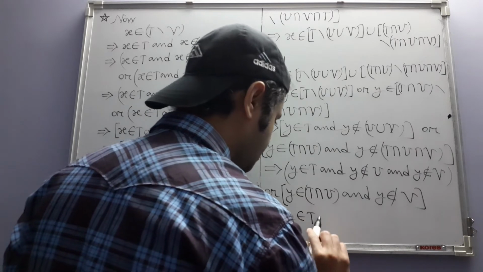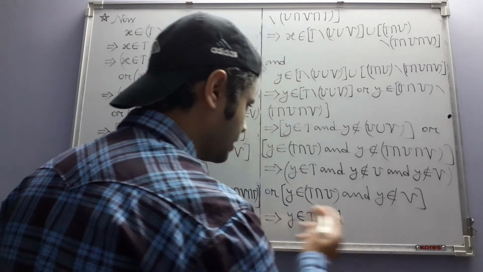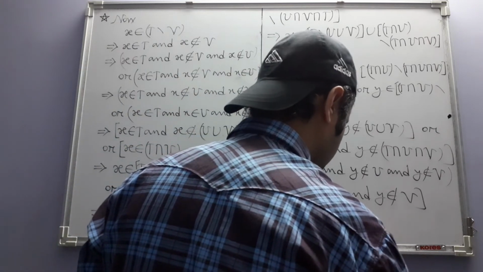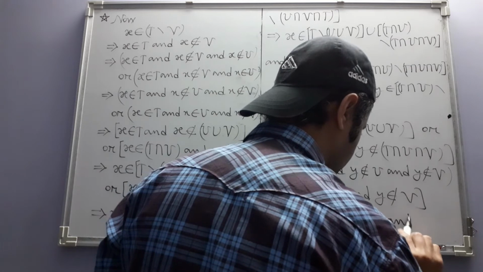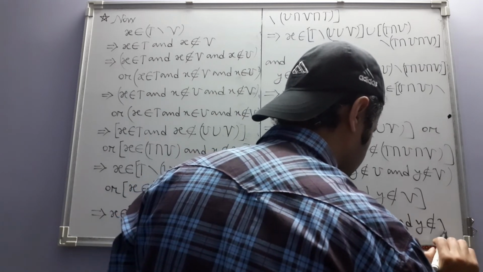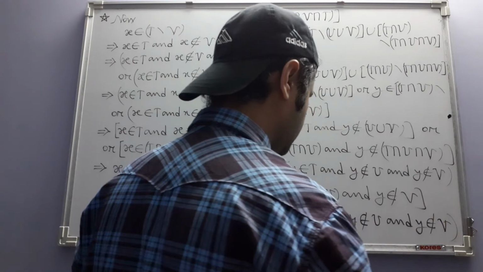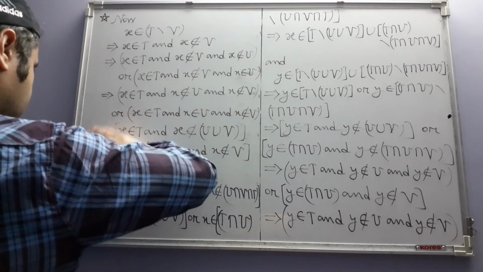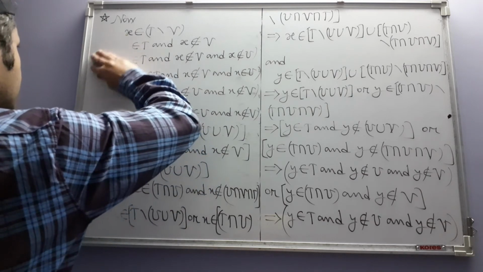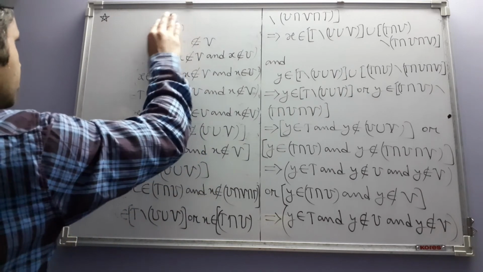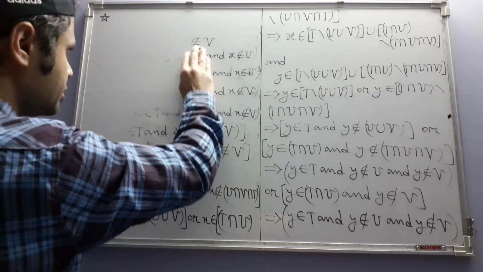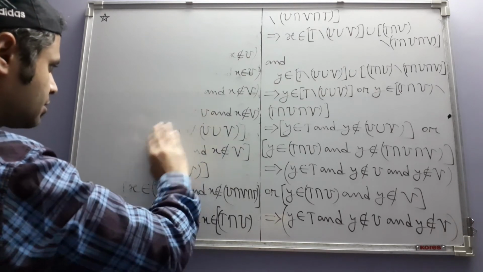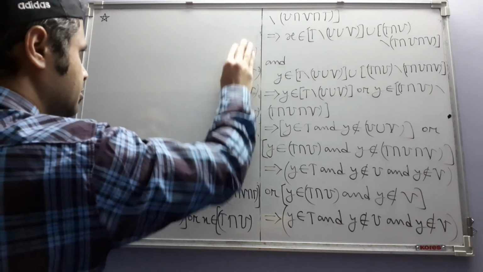And now everything has fallen in place, and we can just simply write the things in the reverse order. y does not belong to u and y does not belong to v, or, don't make mistakes with these logical connectives. Okay, or and and: if you write and in place of or, the entire meaning will change.